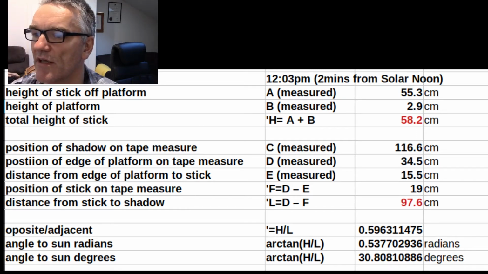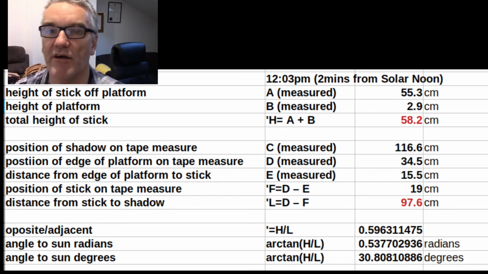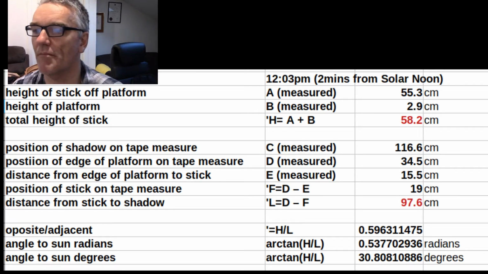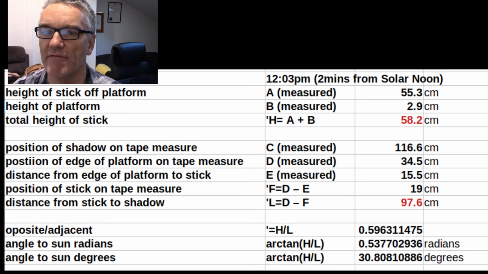So yeah, the height of the stick is the height it's measured above the platform plus the height of the platform. Now to figure out the length of the actual shadow, we've got the position of the shadow on the tape measure, which was 116.6 centimeters. The edge of the platform on the tape measure was 34.5 centimeters.